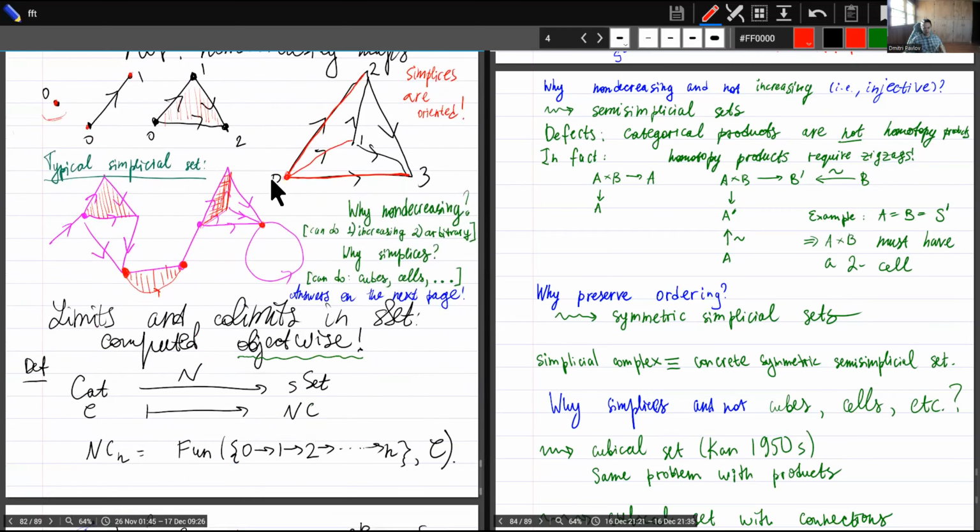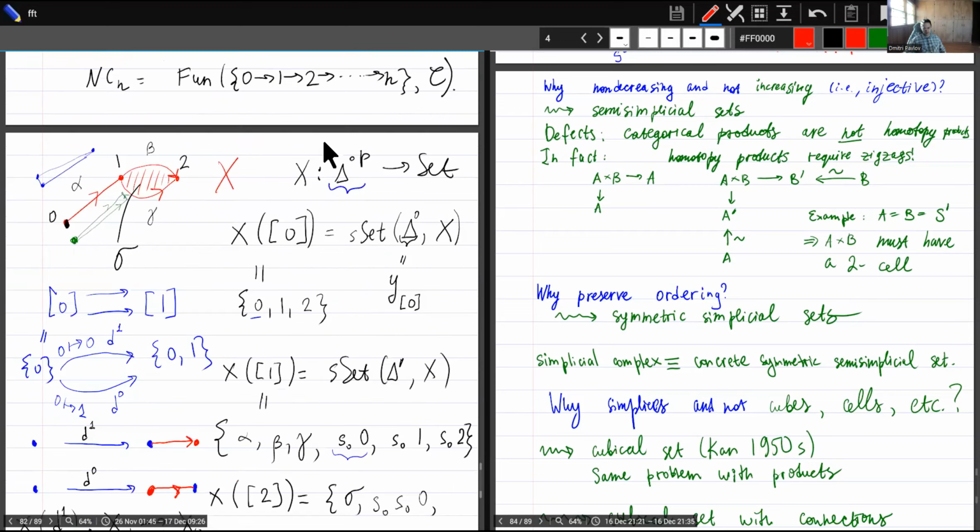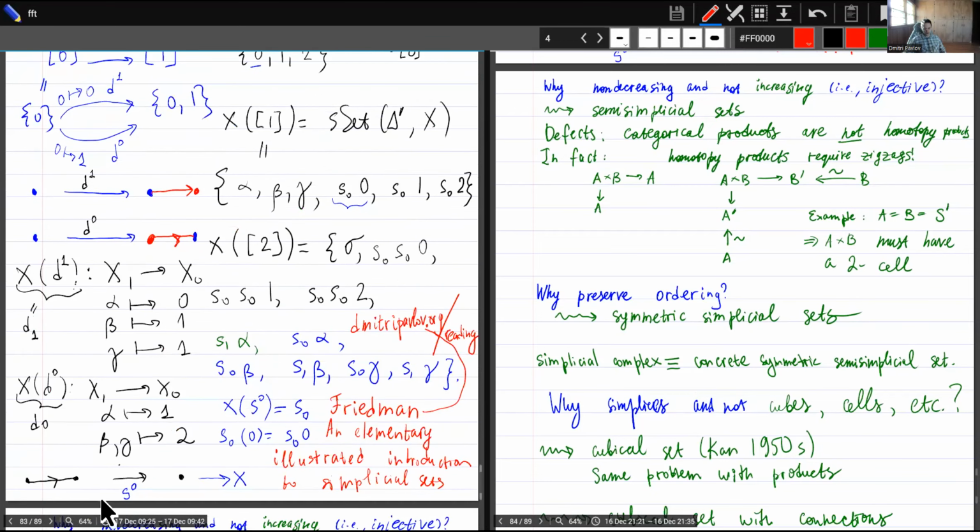In which case I would not see, for example, this degeneracy map that I talked about here, because this map sends both vertices to the same vertex, and that's not strictly increasing. It's not injective. That would get rid of all those extra degenerate elements that I went to great lengths to enumerate carefully right here.